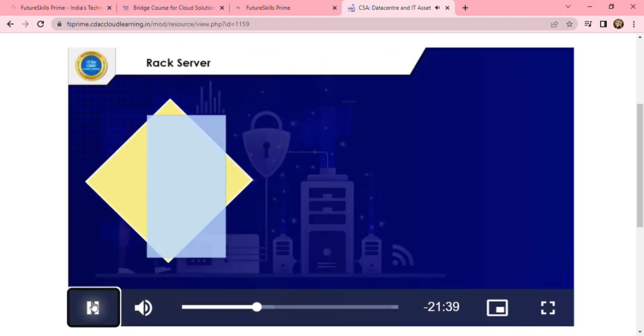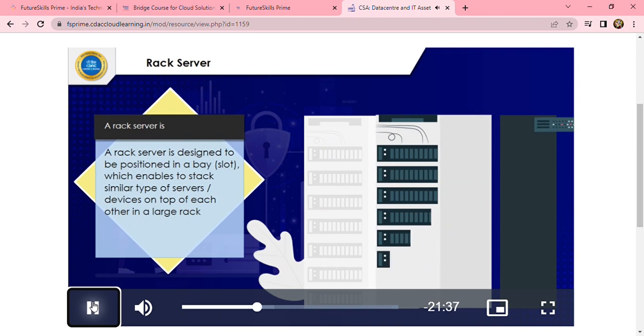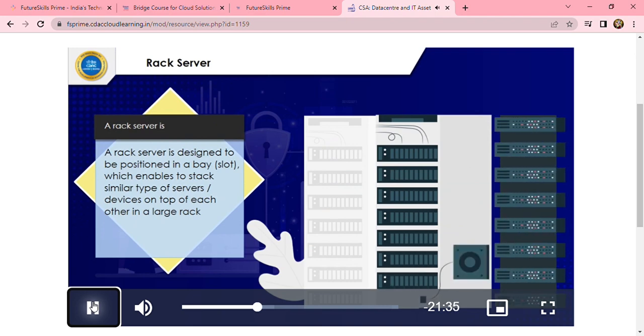Rack server. A rack server is designed to be positioned in a bay slot, which enables stacking similar types of servers and devices on top of each other in a large rack.